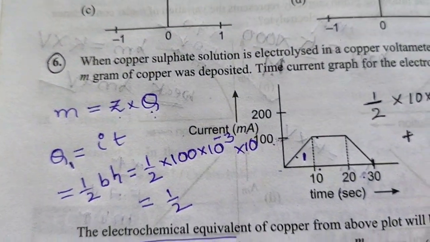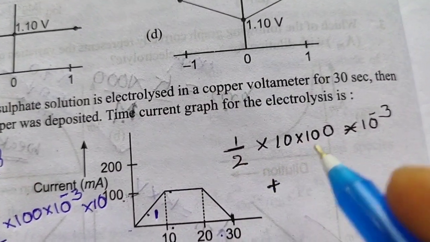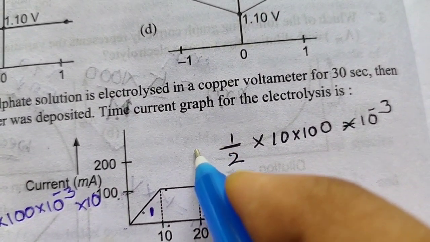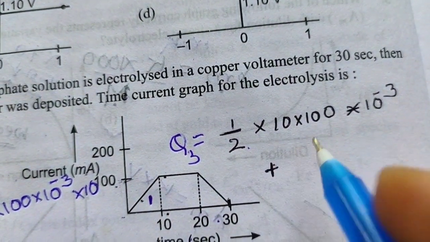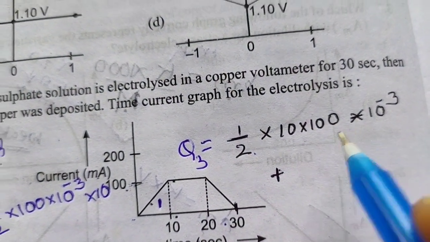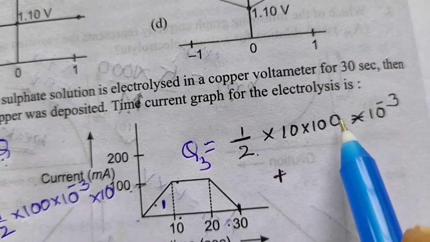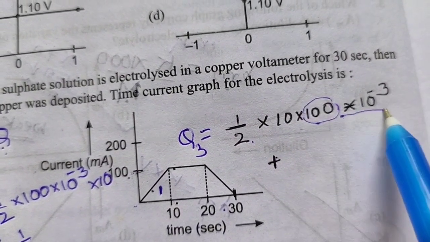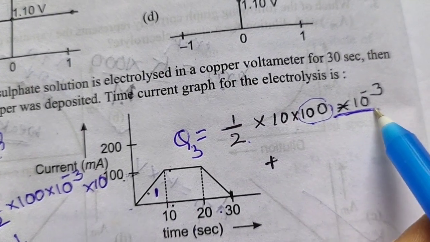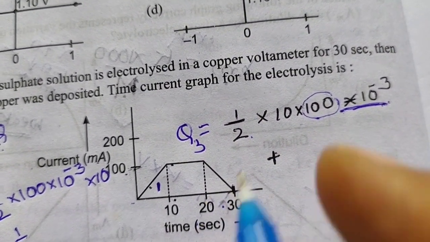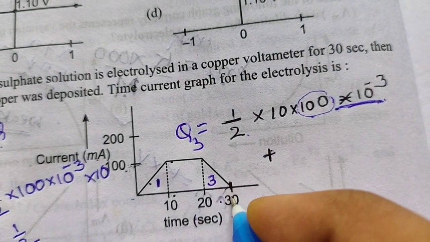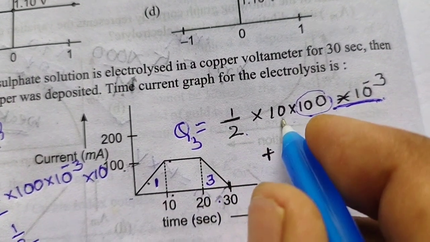So next, how to calculate Q3 first? Q3 equals half into base into height. Here the current is 100 into 10 power minus 3, converted from milliampere to ampere, and the time difference is 30 minus 20, that equals 10.